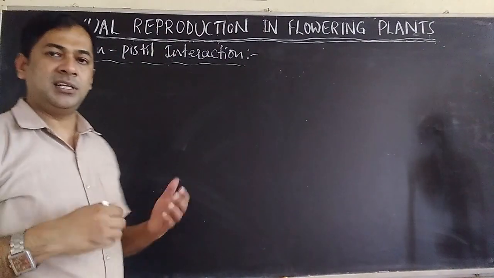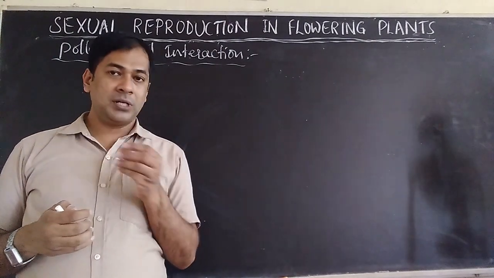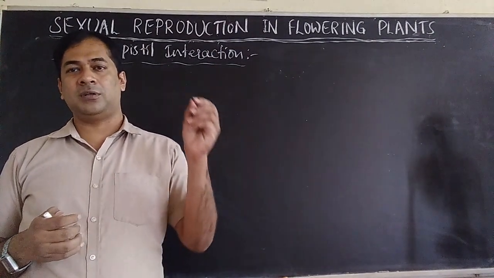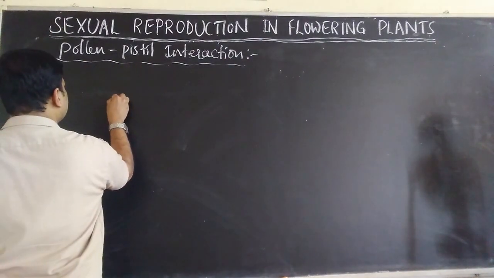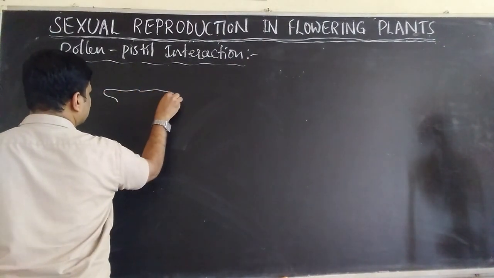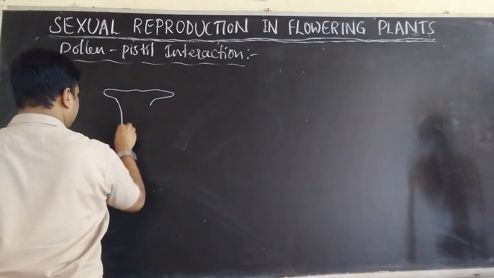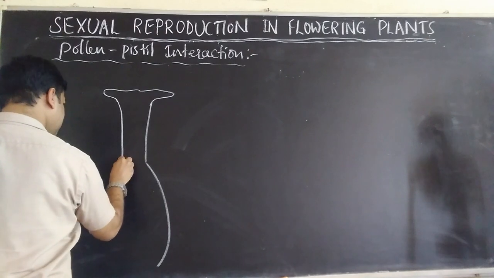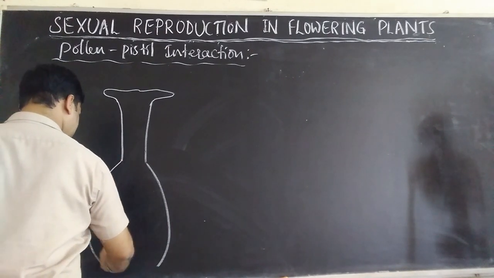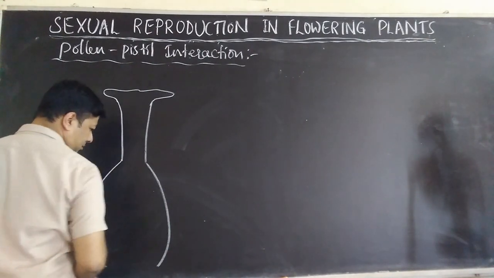Pollen-pistil interaction means what happens when a pollen grain falls on the stigma. Stigma is a part of the pistil, you know. This is what we are talking about. Suppose this is a stigma. This is a pistil.